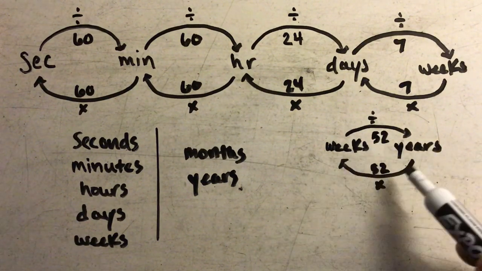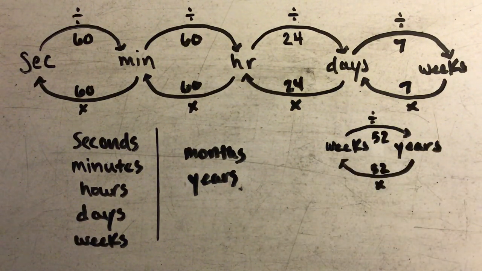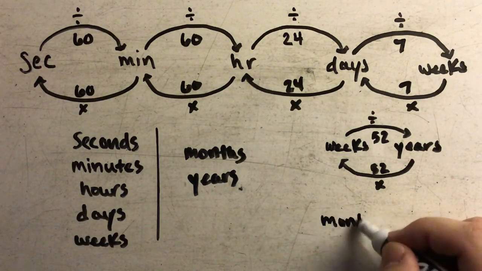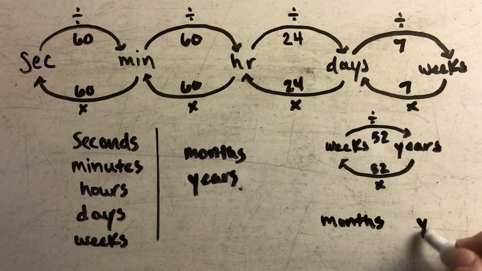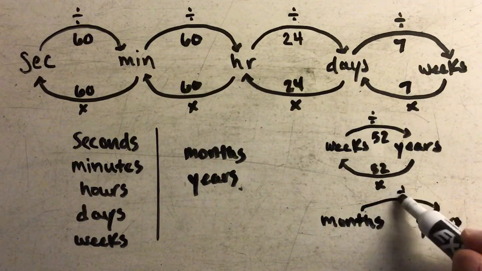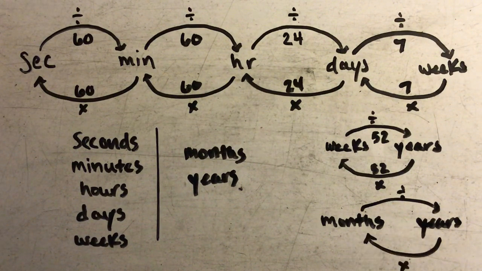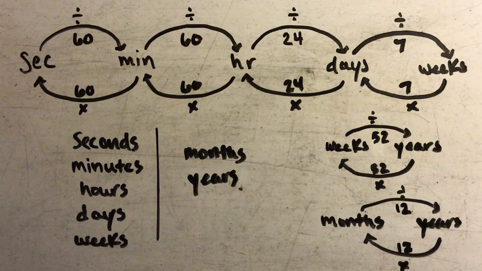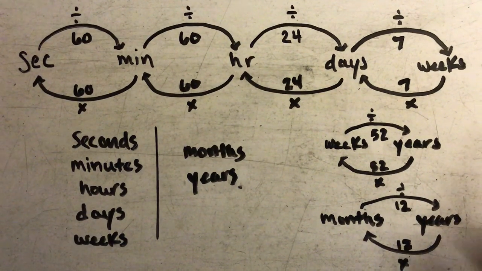There are about 52 weeks in 1 year. And then between months and years, my magic number is 12. There are 12 months in 1 year.